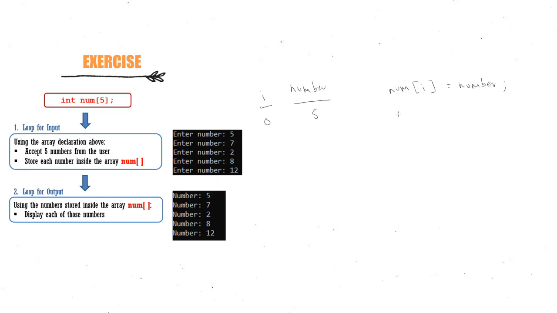So right now num[0] = 5, meaning that you want to store 5 inside the array num at the index 0. So this is our array called num. Then we have 1, 2, 3, 4, 5, and the indexes are 0, 1, 2, 3, 4. Since we're storing 5 inside index 0, this is the first data that will be stored. Okay, moving on.